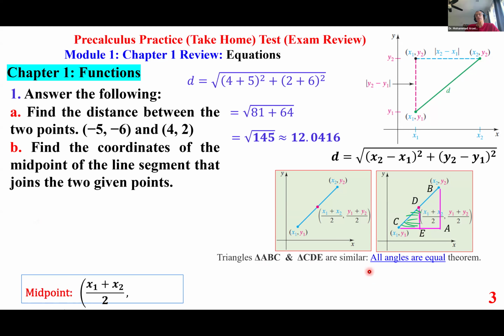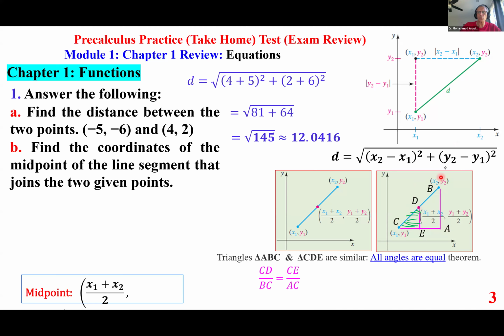Basically, one easy way to prove that is because all angles are equal. This one is in common. This one is 90 degrees, so is this one, and that means the third one must be too. Or if you see two sides are parallel, that makes them similar. Therefore, you can pick a side from the small one, for example CD, and compare it to the side from the big one, BC, and it's equal to CE over AC.